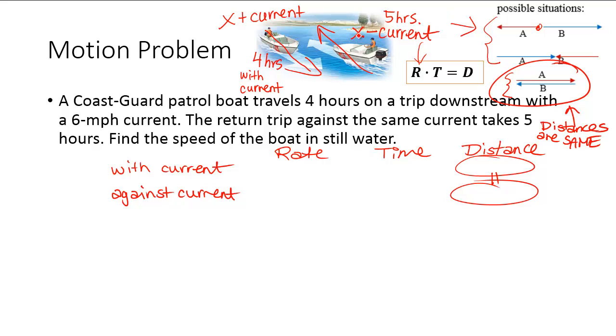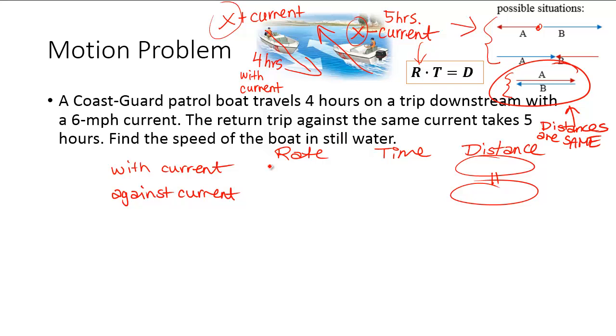Now, your predominant speed is not always x. In this case, it is because that's what they want. But maybe they want the rate of the current. No matter what, this x could change, but your first component of your rate should be the predominant speed. So hopefully the boat is the predominant speed, because otherwise it shouldn't be in the water.